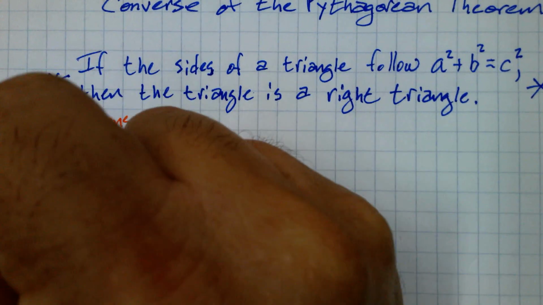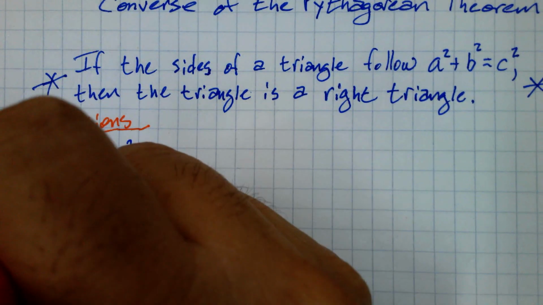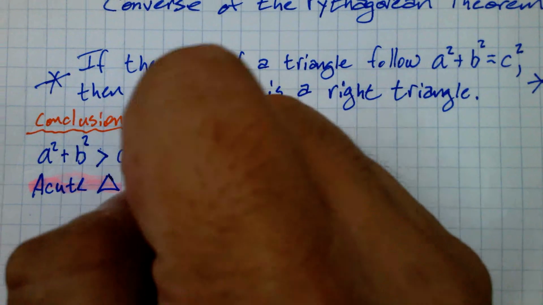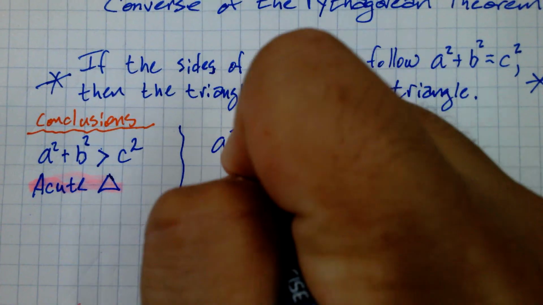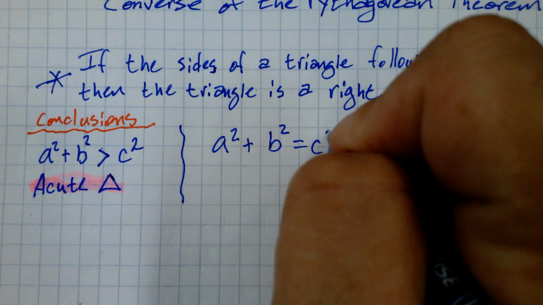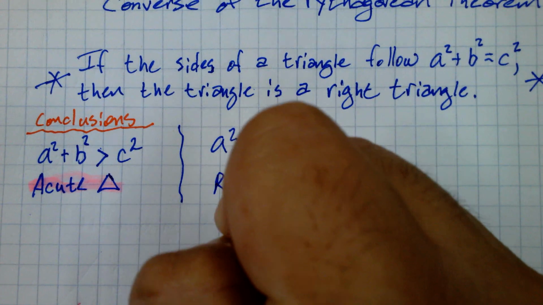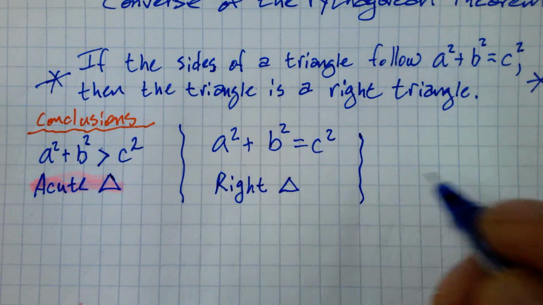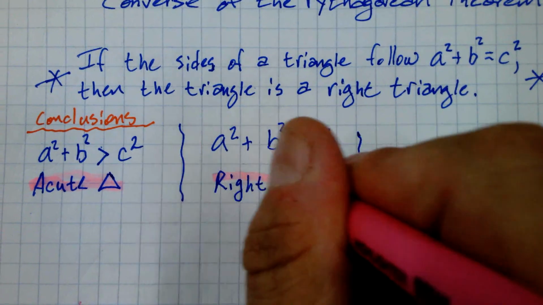Yeah, all the angles are less than 90. Okay, that's one conclusion. Then, of course, we have the one we already know, a squared plus b squared equals c squared. That's a right triangle. So that's our second conclusion.